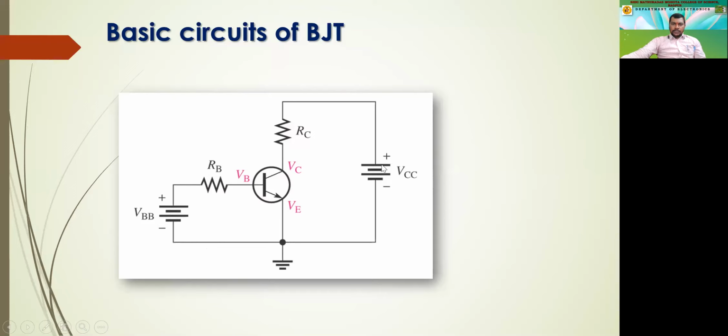Similarly, the collector should be kept positive because it is again NPN, so N should be positive so that it is reverse biased. High voltage is applied across this. This is the most extensively used configuration, the common emitter configuration.